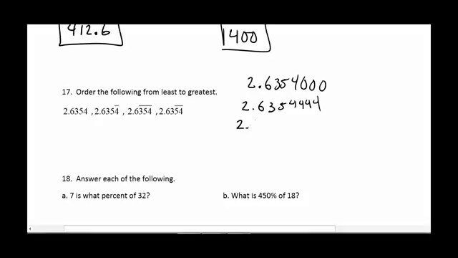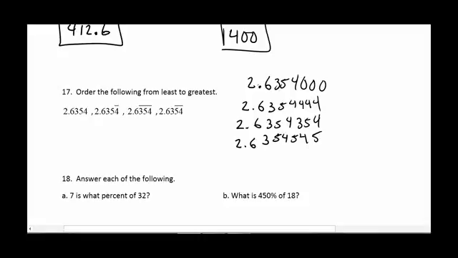Then we have 2.6354, so it's going to repeat the 354 piece. And then 2.63, sorry, trying to line up these digits underneath each other. And then the 5-4, the 5-4, the 5. So we're going to repeat the 5-4 over and over again.